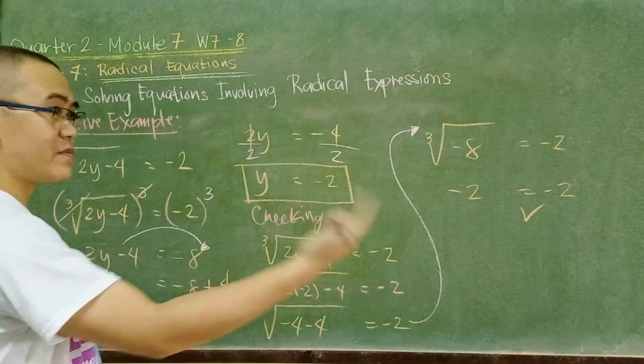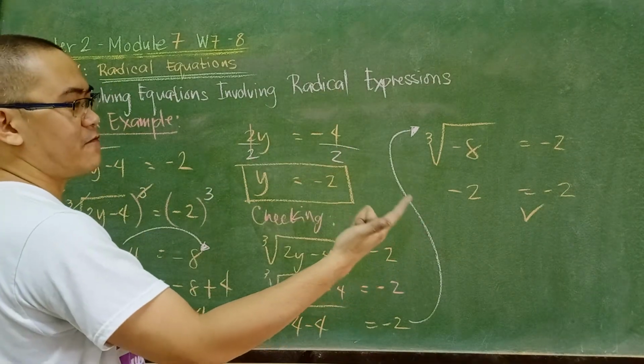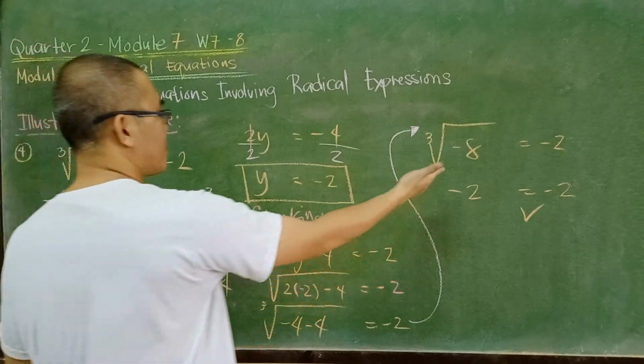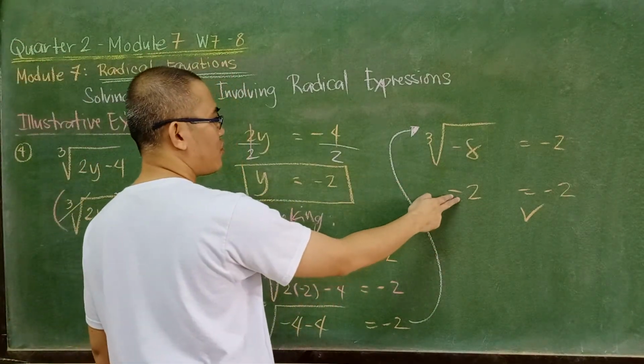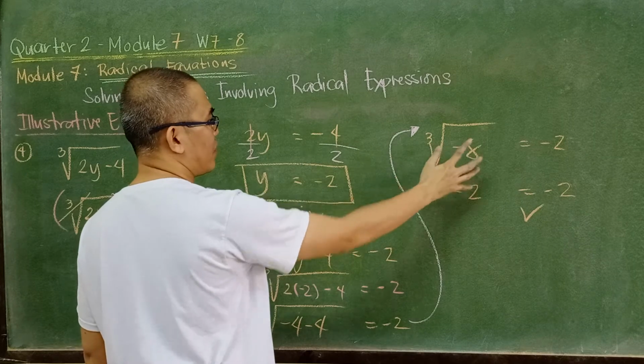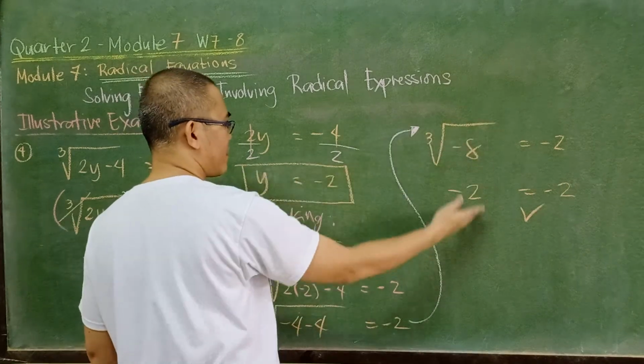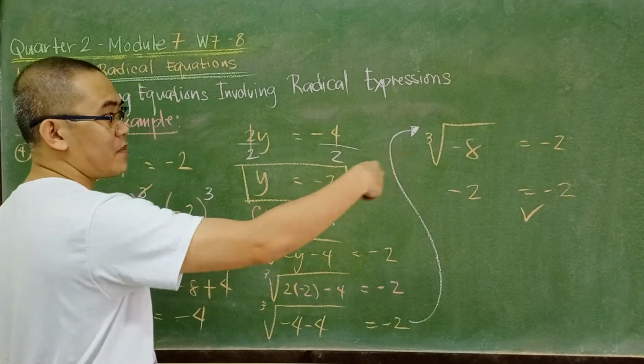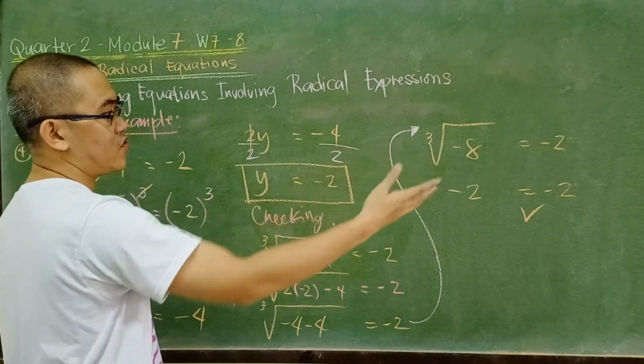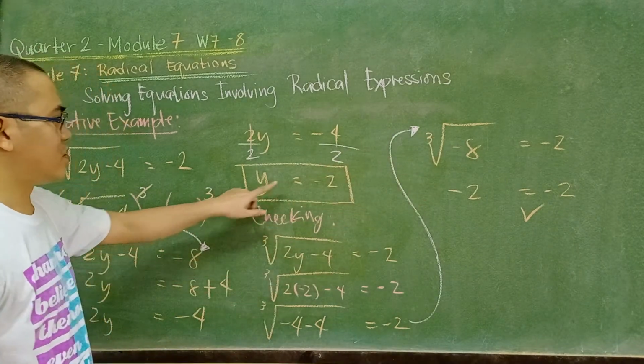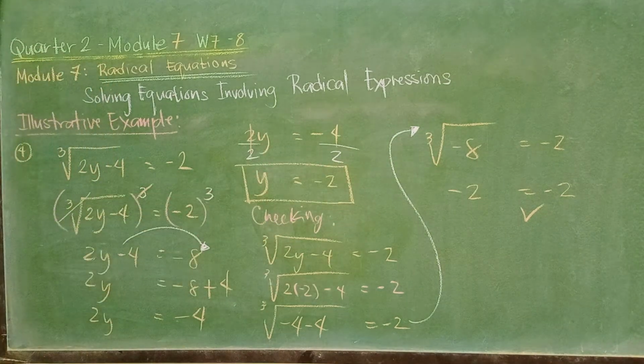So negative 2 times negative 2, that's positive 4 times negative 2, we have negative 8. So negative 2 yung multiply mo ng 3 beses para makuha yung negative 8. So yung root ng negative 8 is negative 2. So mapapansin natin, equal yung both sides. So therefore, yung answer natin na y is equal to negative 2 is correct.